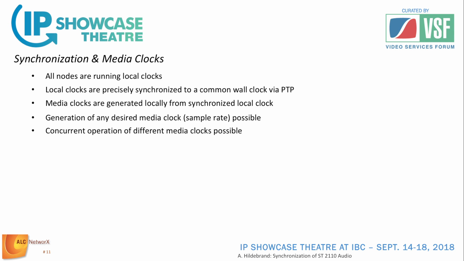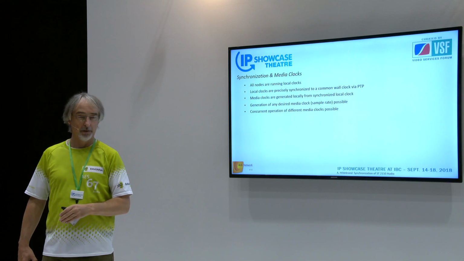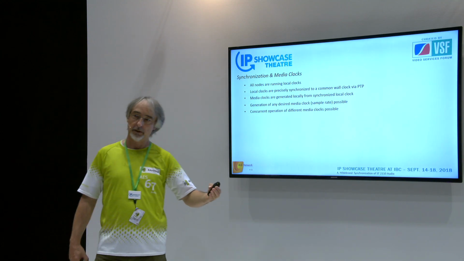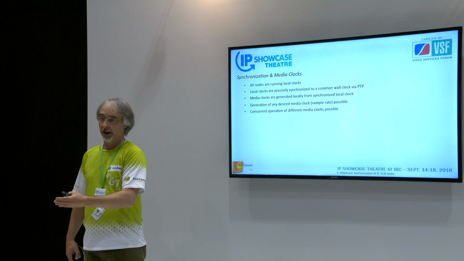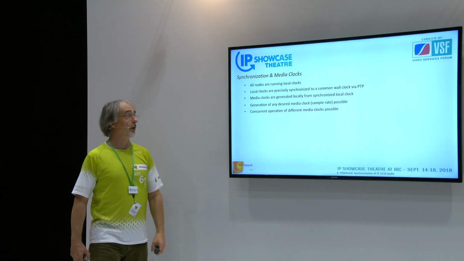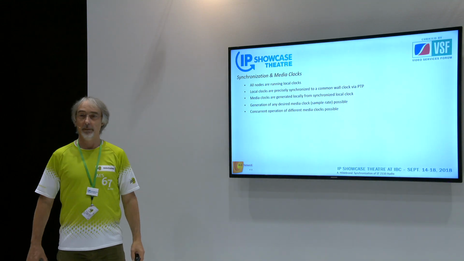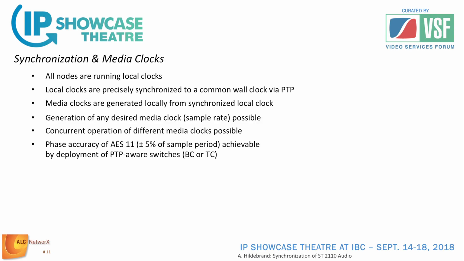I can't necessarily distribute a 44.1 stream to a 48 kilohertz configured receiver, but the streams can live there so that I can concurrently work with 44.1 and 48 kilohertz audio streams, and of course also video streams, which have yet another base media clock, on the same network, because I have decoupled the protocol from the actual media clock generation now. The phase accuracy can be matched with PTP. Remember, a 192 kilohertz reference clock would require 250 nanosecond precision. PTP version 2 would allow us to go down to double-digit nanoseconds precision.